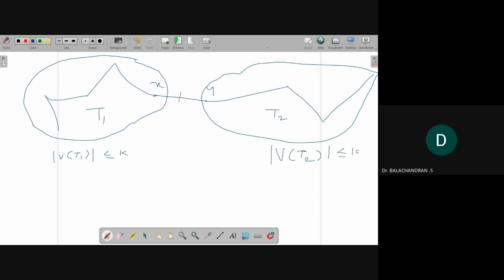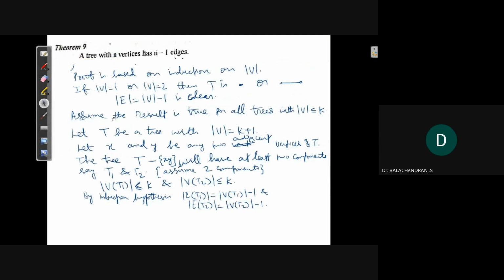So by the induction hypothesis, assume the result is true for all trees with vertices less than or equal to k. Already I told that. Suppose a tree has k vertices, then by induction it has k minus 1 edges.